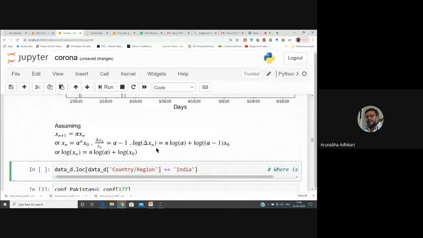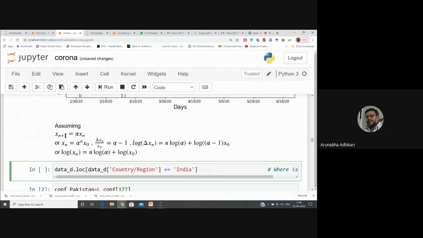Now people say that if you get a confirmed case today, maybe the person was actually infected 5-6 days before. So the number of cases that you see today, mostly they were infected 6 days before. So actually this relationship should be xn plus 6 related to xn. So I just wanted to verify that.